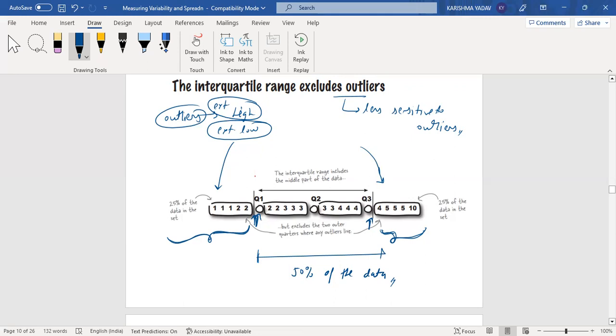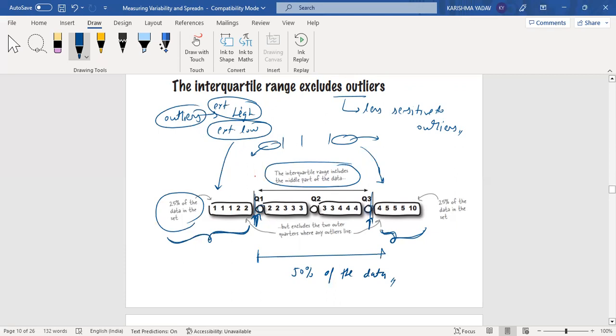Now you can see that we have this Q1, and below it we have 25% of the data set, and we have the upper quartile, and above it we have 25% of the data set. That's how we find the quartiles. The interquartile range includes the middle part of the data, that is Q3 minus Q1.